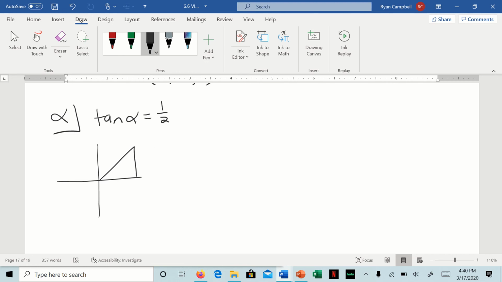So if this is our angle, with opposite 1 and adjacent 2, the hypotenuse is just going to be the square root of 5. So sine of alpha is 1 over square root of 5. Cosine alpha is 2 over square root of 5.